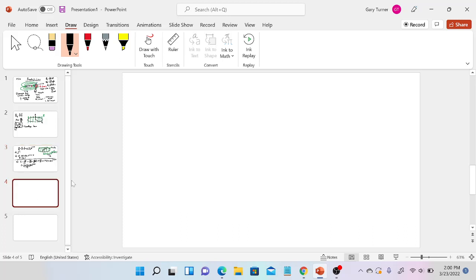For part B, B is equal to B naught e to the negative 0.25t, and I want to know what t is when B is equal to half its original value.